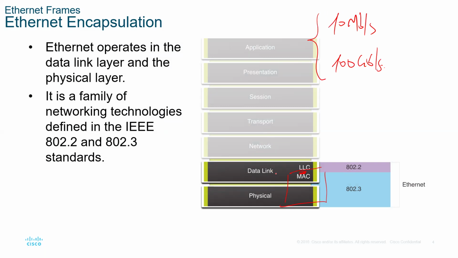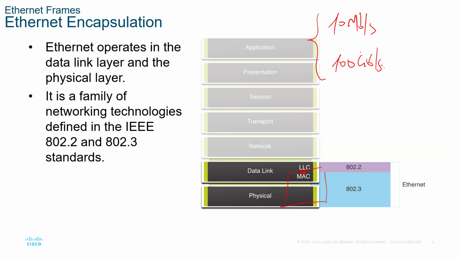When we discussed the physical layer, the UTP cables, we went through different categories: Cat5, Cat5e, Cat6, Cat7, Cat8. Depending on the type of media, that will define the capacity that we are going to have for the network.